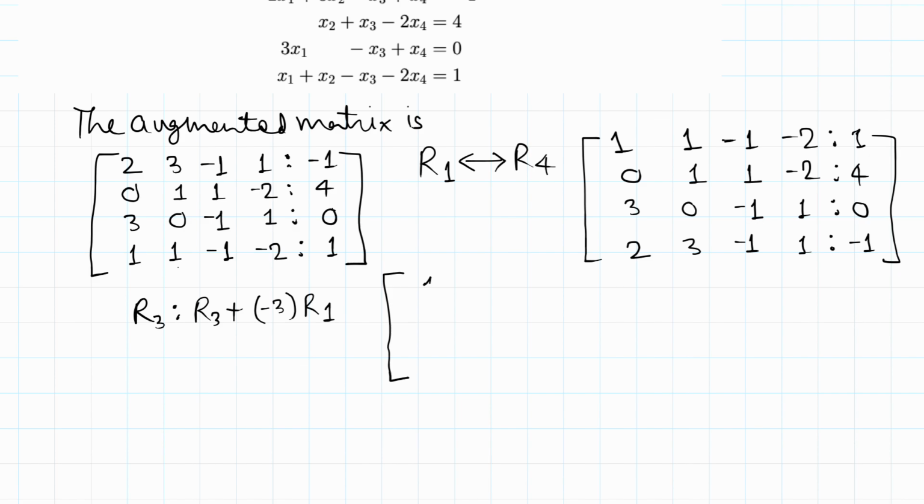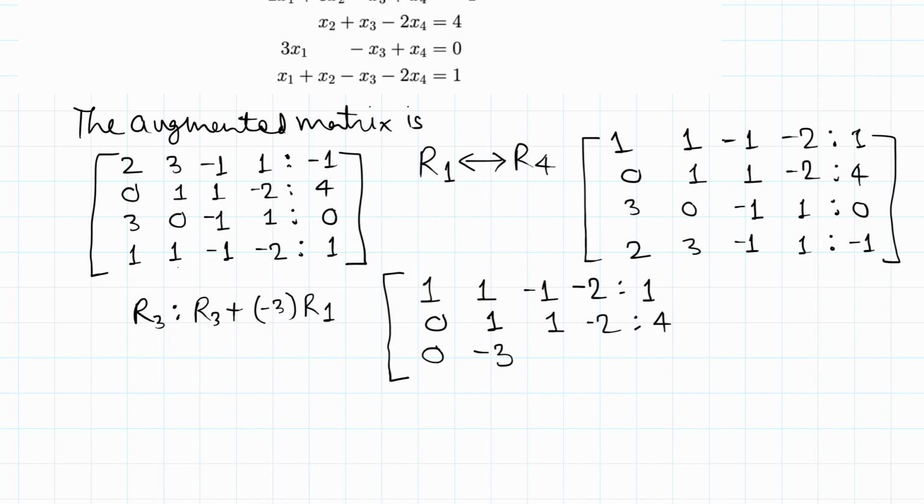So R1 stays the same, 1, 1, negative 1, negative 2, 1, 0, 1, 1, negative 2, 4. So multiply by negative 3 and we are adding with this. So 3 plus negative 3, 0. 0 plus negative 3 is negative 3. Negative 1 plus negative 3 times negative 1, that's positive 3.